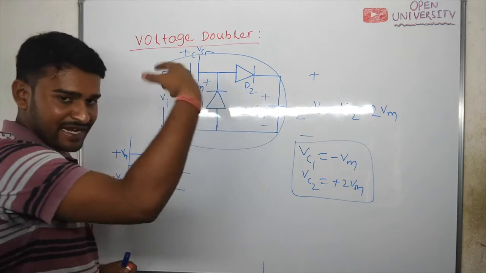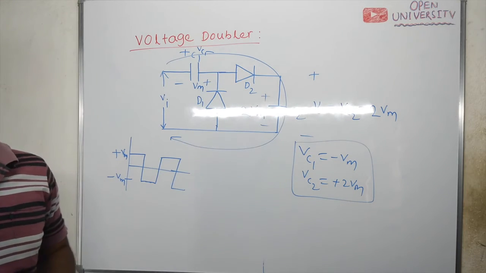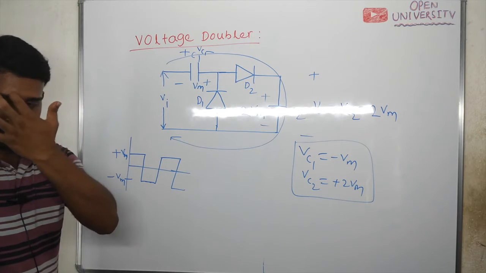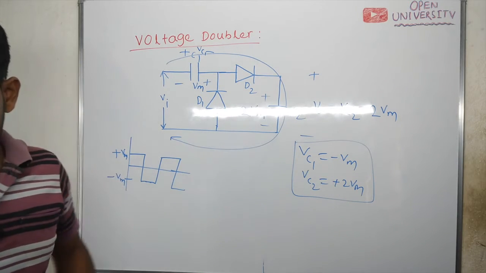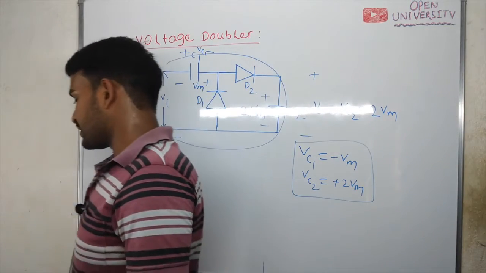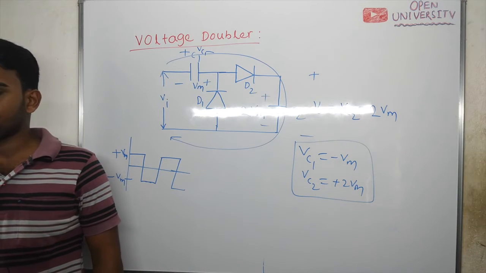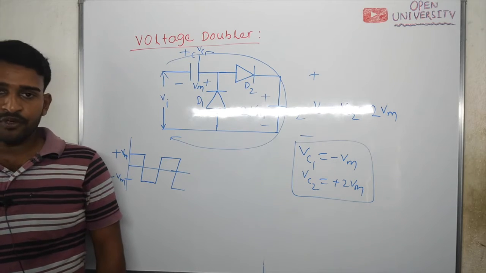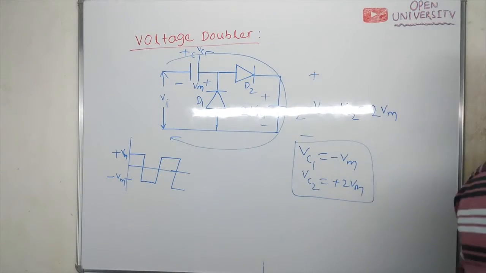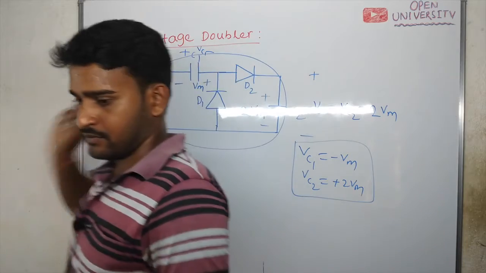When both capacitors reach steady state, current flow in the circuit becomes zero and capacitor voltage remains constant. It will not change after that.